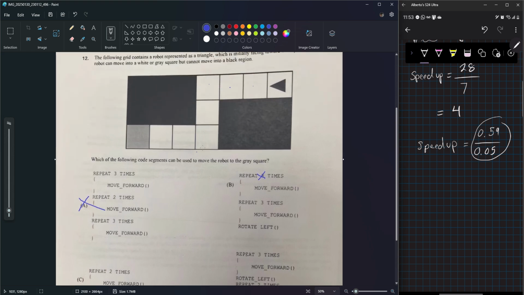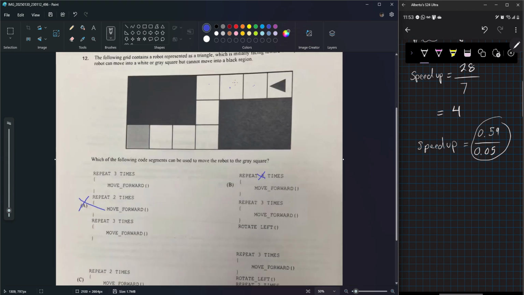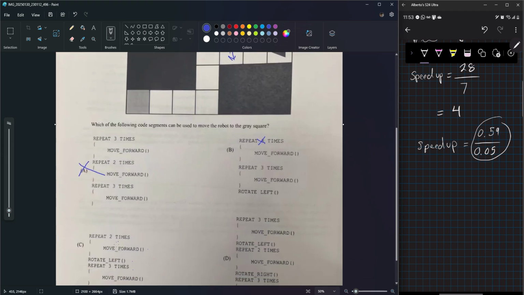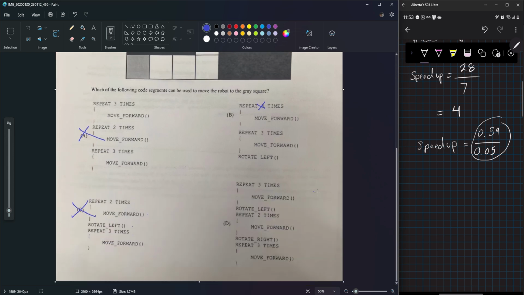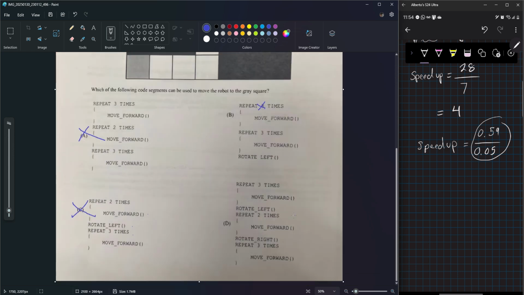Repeat 2 times, move forward, 1, 2. Rotate left, so then it's going to look this way. And then repeat 3 times, move forward. That's also wrong. So this one, move forward 3 times, so 1, 2, 3.